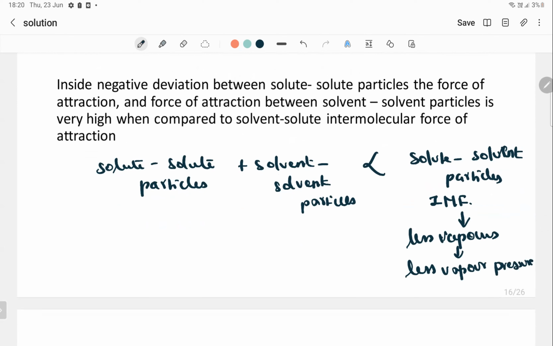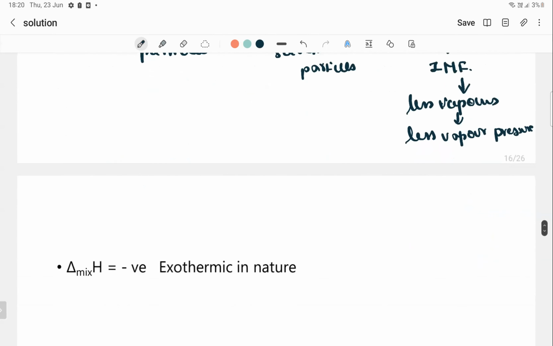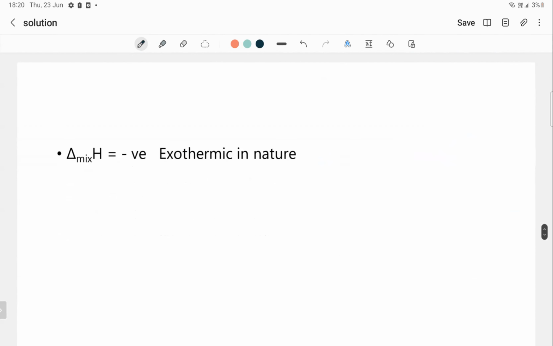Clear? Because solute and solvent are tightly packed with a strong intermolecular force of attraction, it won't easily convert into vapor form because it is held by a strong force of attraction. Clear?